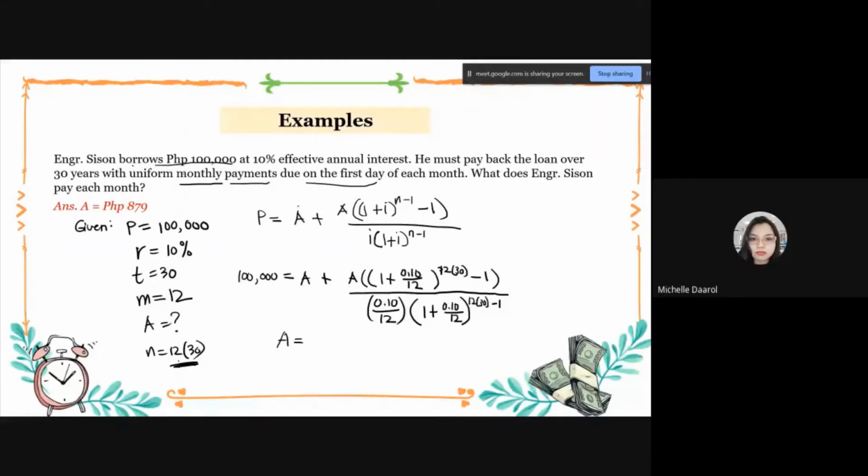Maupod sa kong calculator, pero ang answer sa libro kay 879. Mali guro ning libro, no? Tama man ang solution.